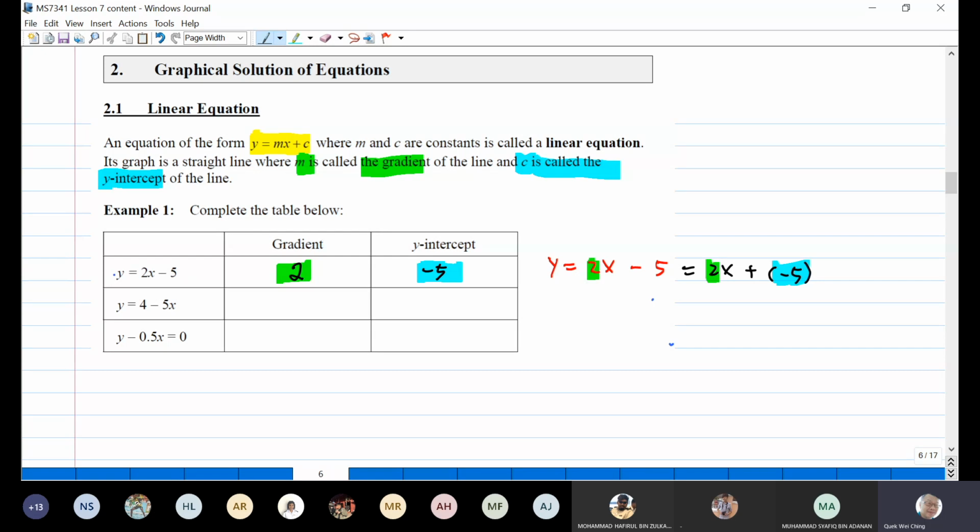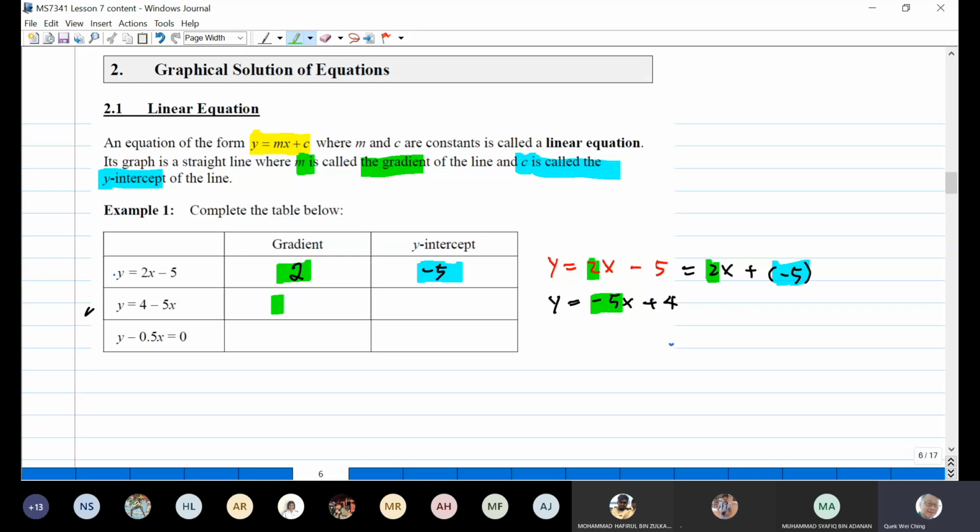How about the second one? Which one is the gradient now? You can rewrite the equation: y equals 4 minus 5x, actually minus 5x plus 4. The one together with x is called the gradient. So you have to rewrite the equation, and then you find that the one together with x is the gradient.